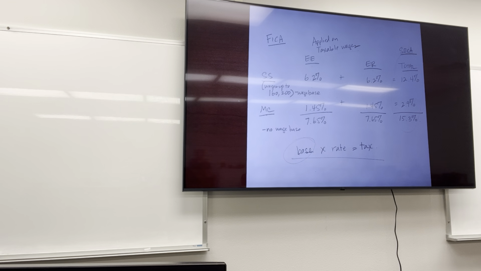After that point, there is no wage base on income. But still, for that individual, they're still going to pay tax on that first $160,200 of income because they still have that wage base that has to be covered, right? So just some basics there for any type of tax.